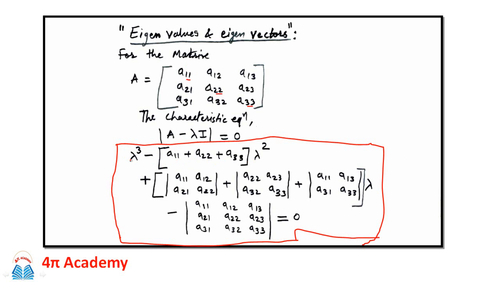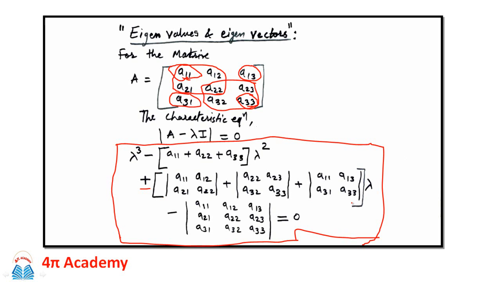Then you have to remember the sign is plus: the determinant of A11, A12, A21, A22, plus the determinant of these four elements A22, A23, A32, A33, plus the determinant of the corner elements A11, A13, A31, A33.